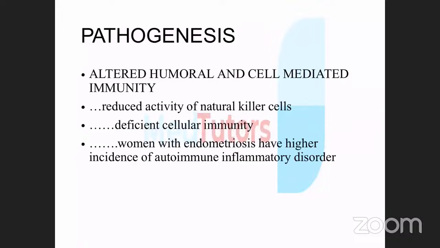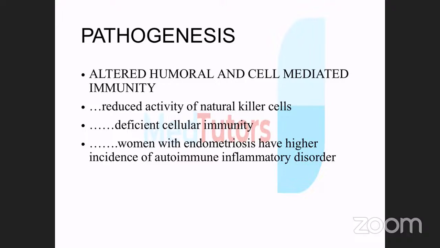Next. So how does altered immunity predispose to endometriosis? It has been found that women with endometriosis are associated with reduced activity of natural killer cells, which are cytotoxic T cells.